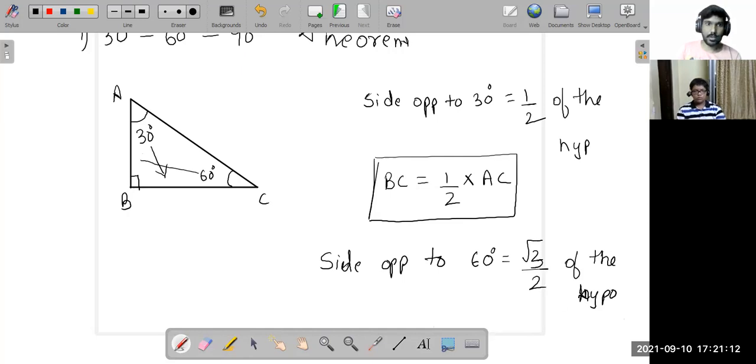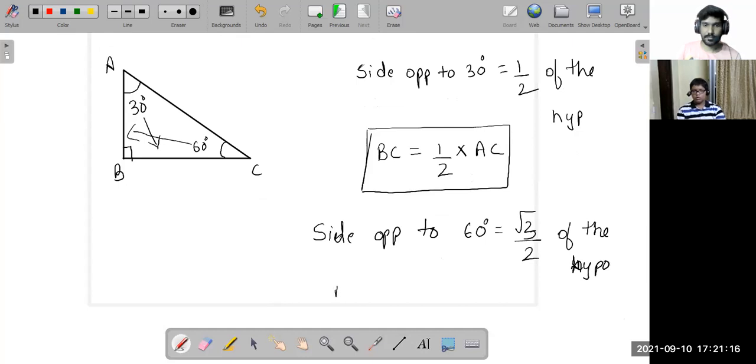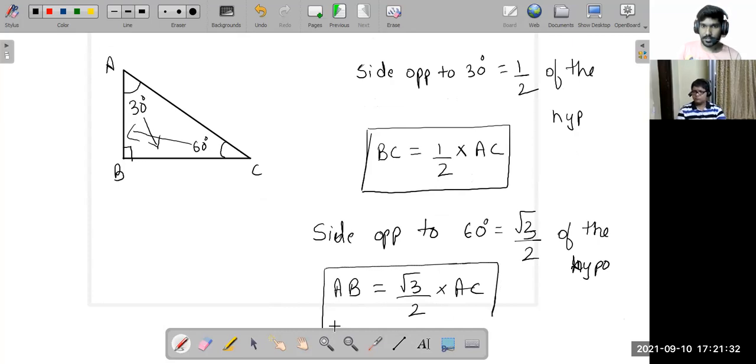Can you tell me which side is opposite to 60 degrees in this? AB. So the length of AB will be root 3 upon 2 times your hypotenuse AC. Did you understand this?